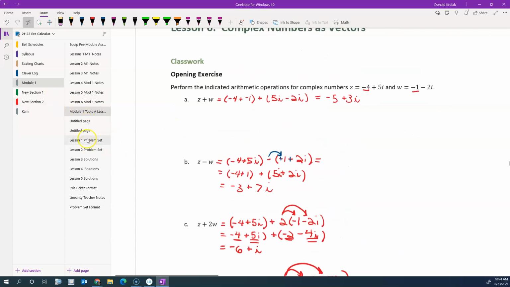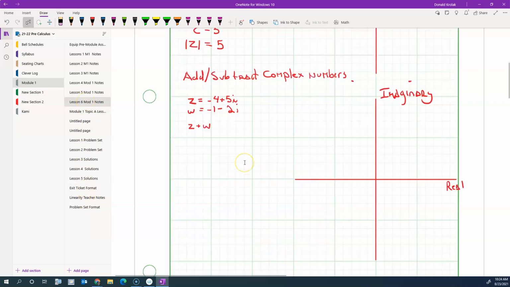So what you're going to do is first draw z from the origin. That's -4, 5. 1, 2, 3, 4, 5. Whoops, that's z.